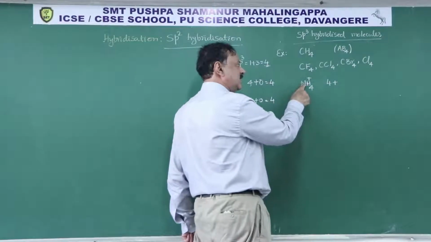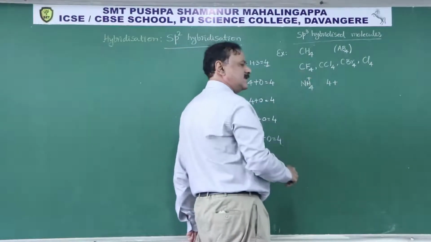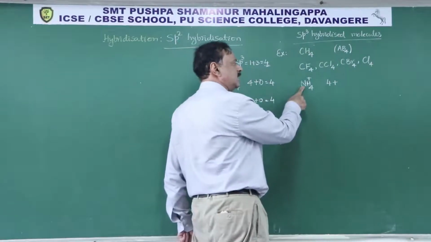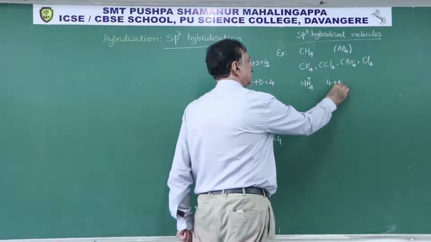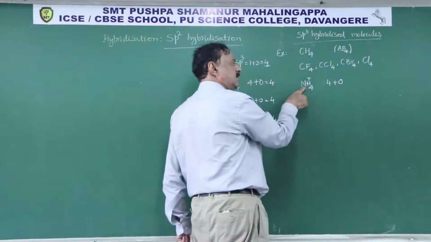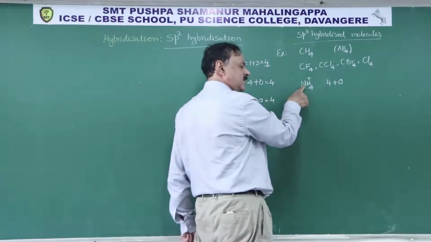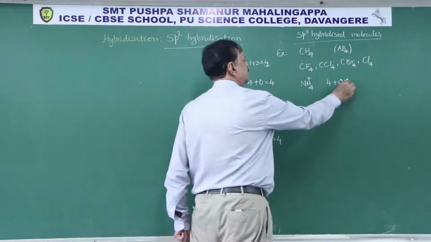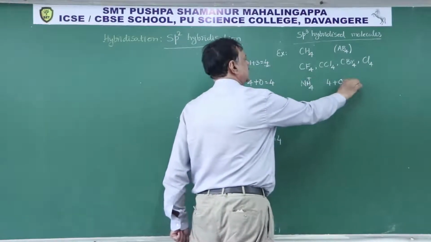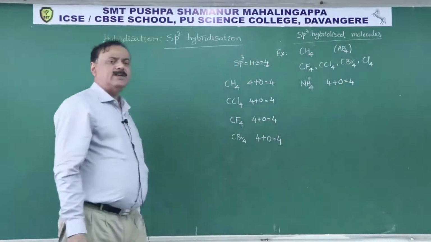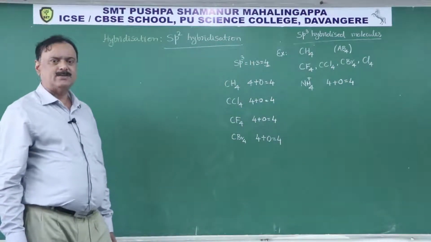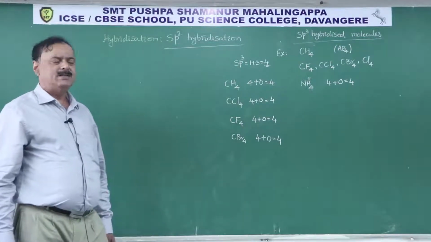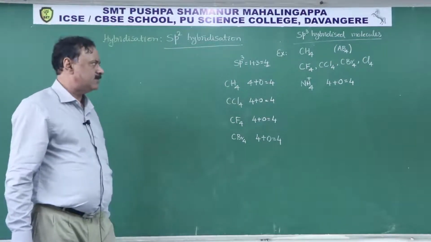Then, out of this 5 valency, the plus 1 charge means that 1 electron is lost. The number of valence electrons is 5, out of this 5 minus 1 is equal to 4, so that is 4 plus 0, which is equal to 4. Therefore, the type of hybridization is sp3. If your answer is 4, then it is an sp3 hybrid molecule.